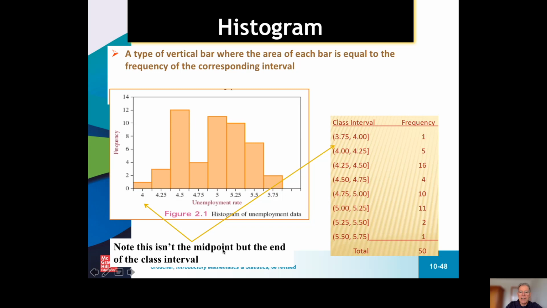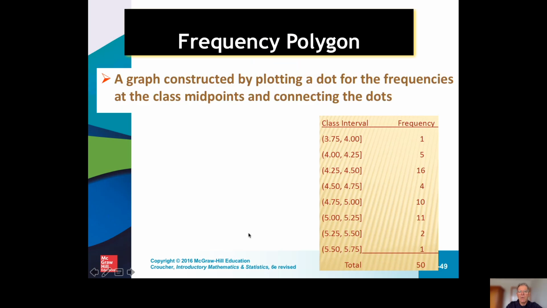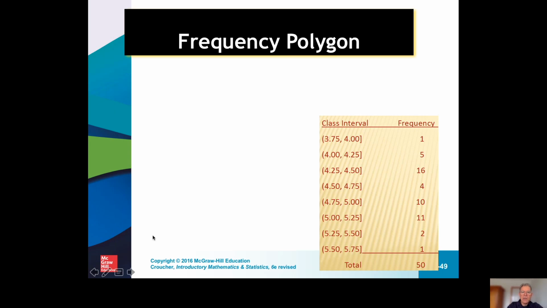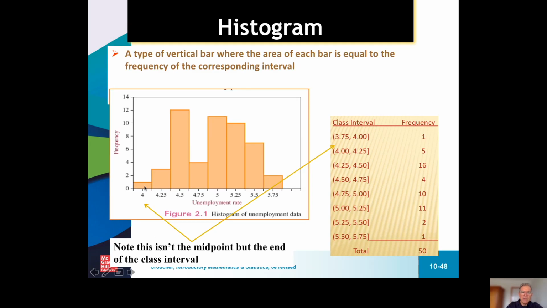So it's fairly clear. What about a frequency polygon? Very similar. Polygon means a many-sided shape. And so technically it should come down to the x-axis and complete the shape, close it in. But essentially all it is, is the histogram, but joining the midpoints of the histogram.